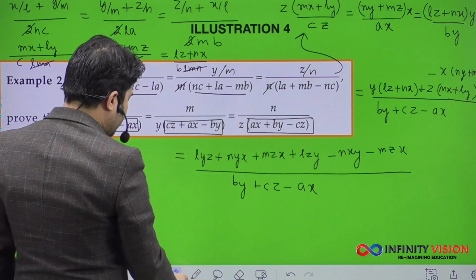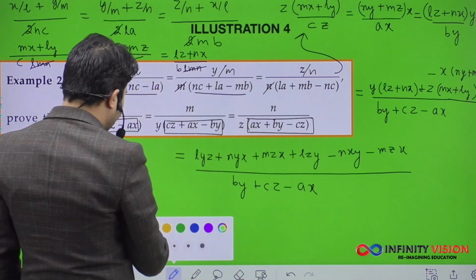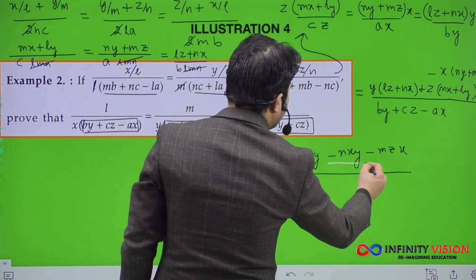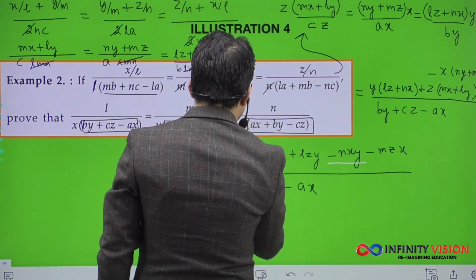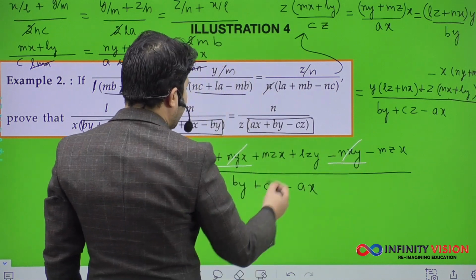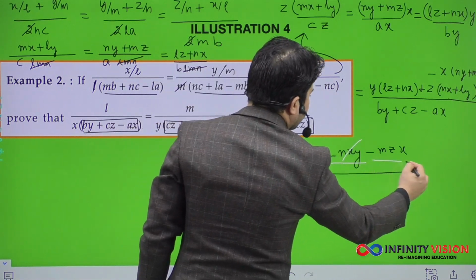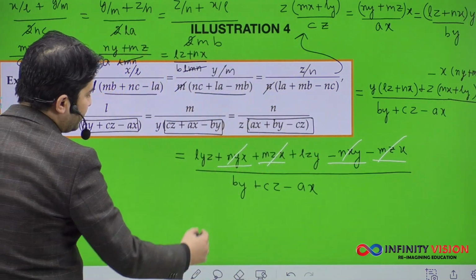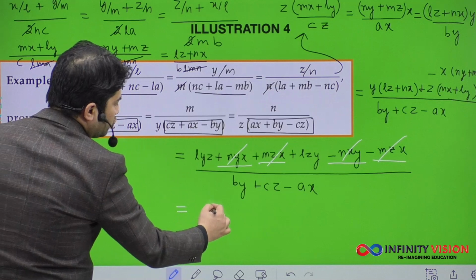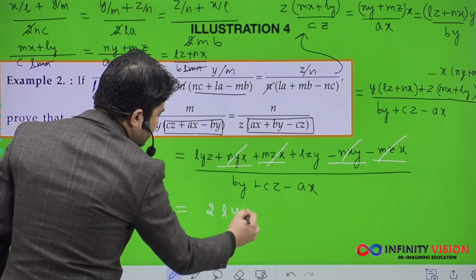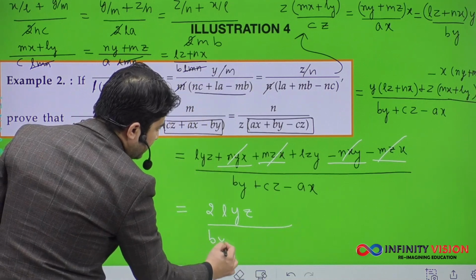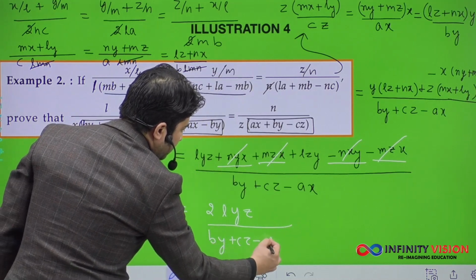Now what I am going to see in my numerator, I have nxy and nyx, so I can cancel these two. I have mzx and minus mzx, I can cancel these two. So I am getting left with 2Lyz upon by plus cz minus ax.